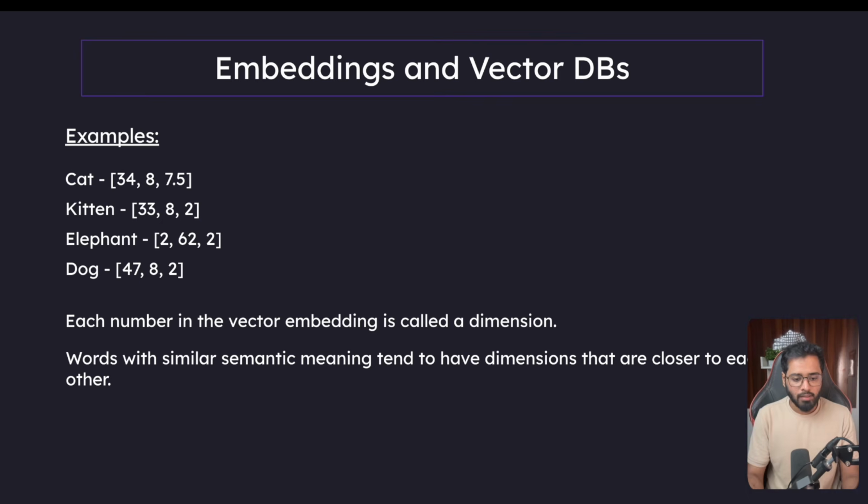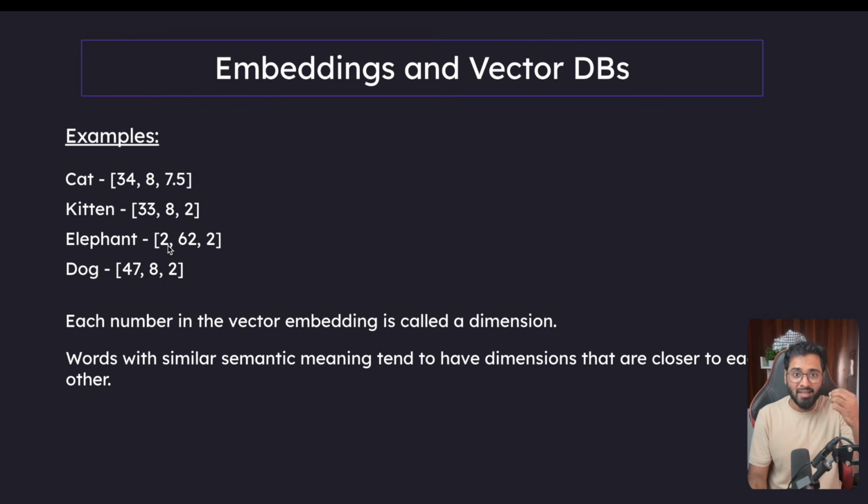Since the first dimension talks about size, they are both closer to each other, 34 and 33. But if you look at an elephant, which is completely different from both of these animals, the first dimension is very far away from 34 and 33. I hope that makes sense.